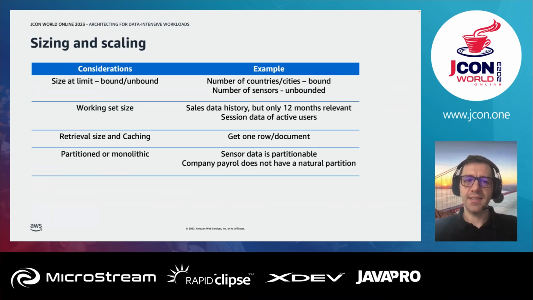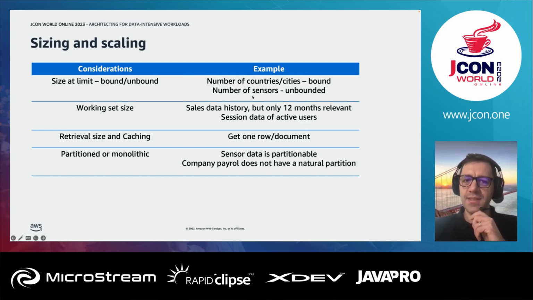The second one is size and scaling. One of the things that you need to look at is size at limit. Think about modeling an application, and you want to see how big this data can be in a table. If you have a number of countries or cities in your data, this is bounded. We're not going to have tomorrow an additional 100 million cities in our database. So this is bounded data.